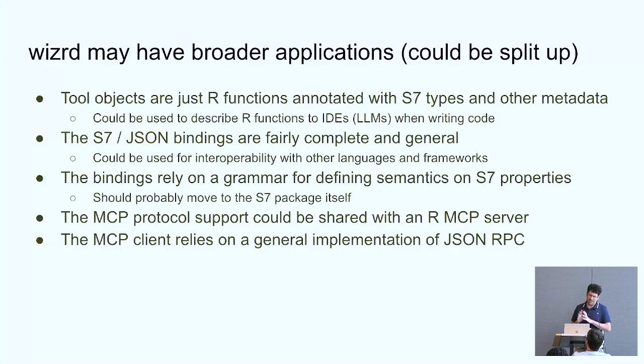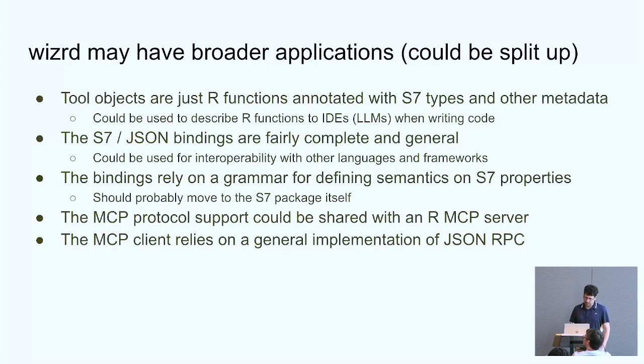And it goes beyond just classes. It goes into how you would specify a particular format of a data frame or a scalar or whatever. So we're thinking about that in the S7 context. And this S7 to JSON schema bindings is something I think could be really generally useful.